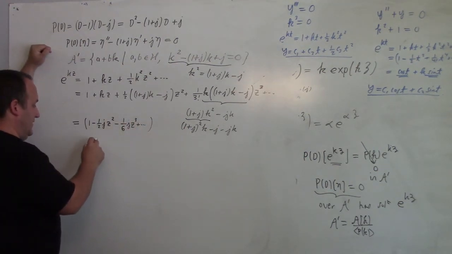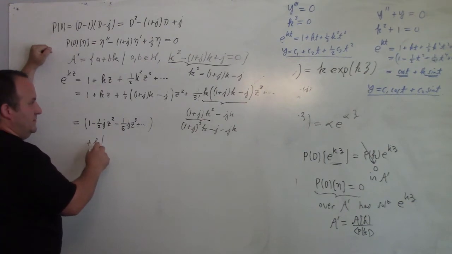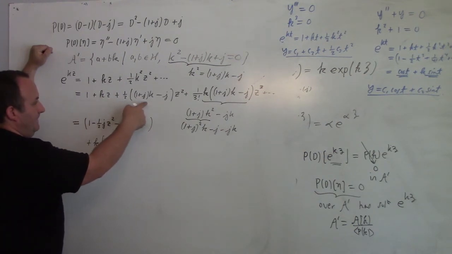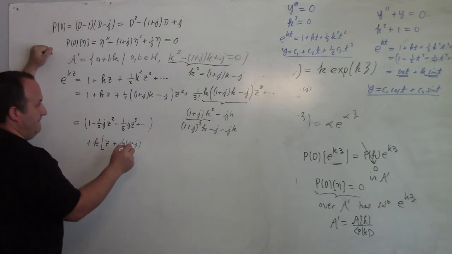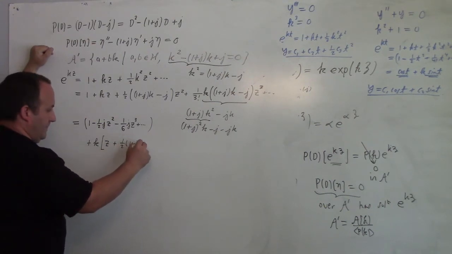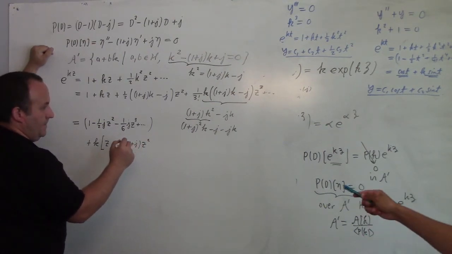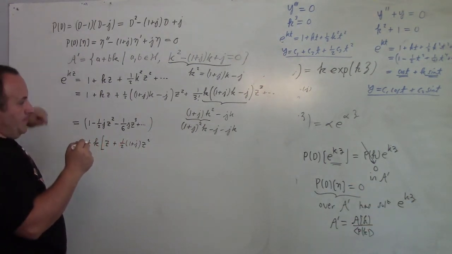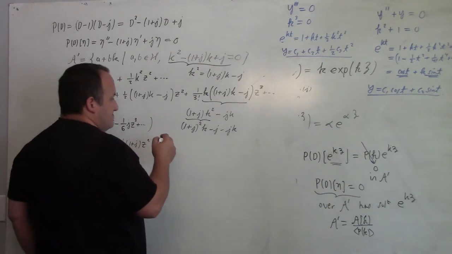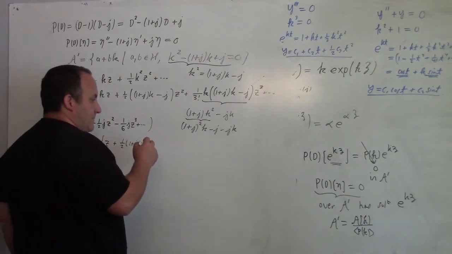And then plus k times what? Well, k times z, 1 plus j, 1/2, 1 plus j. And then 1 plus j squared minus j z cubed, 1/6.